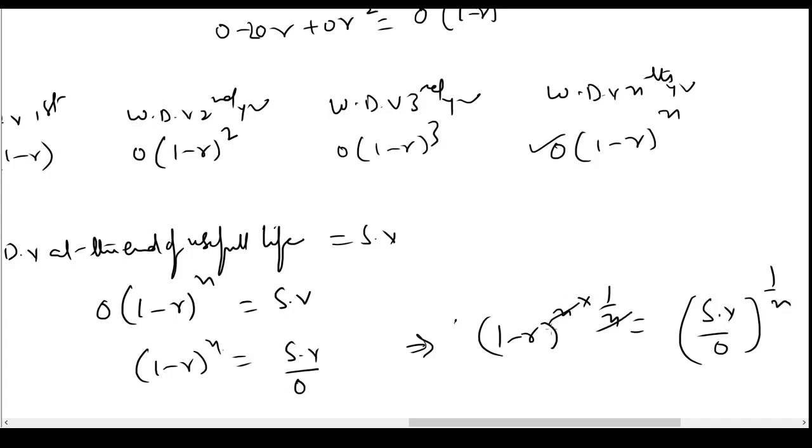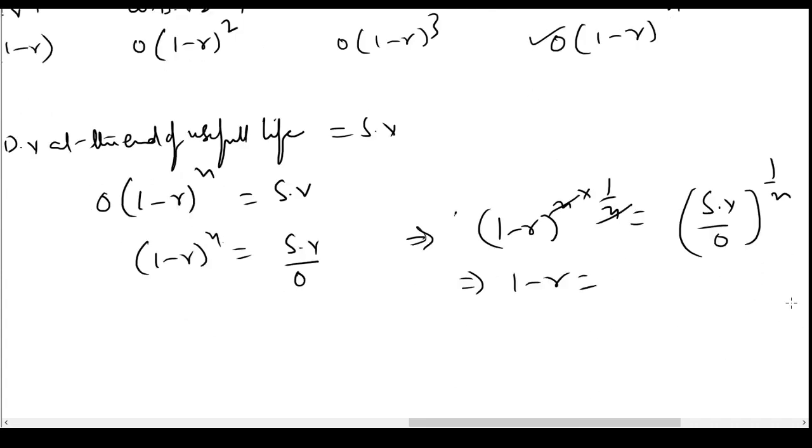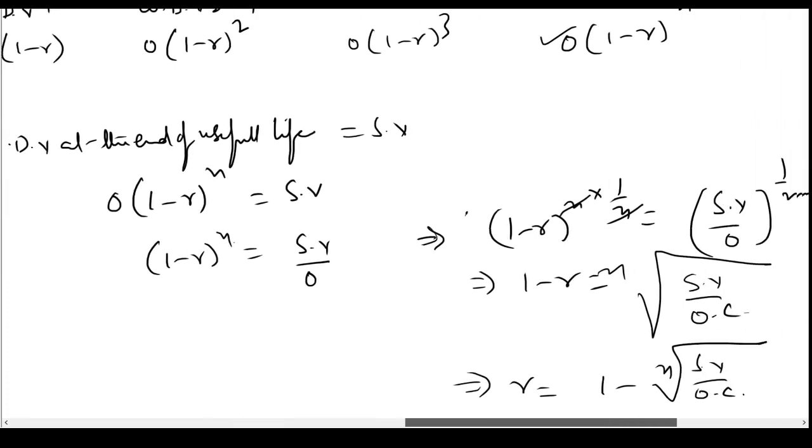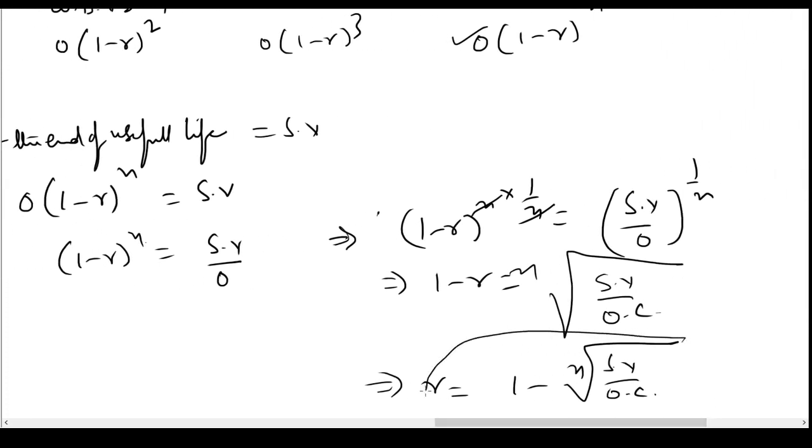So this n and this n will get cancelled. 1 minus R equals scrap value divided by original cost whole power 1 by n, which is denoted like this: nth root of scrap value divided by original cost. Now R would be equal to 1 minus nth root of scrap value divided by original cost. So this is how we arrive at the formula for calculating the rate of depreciation.